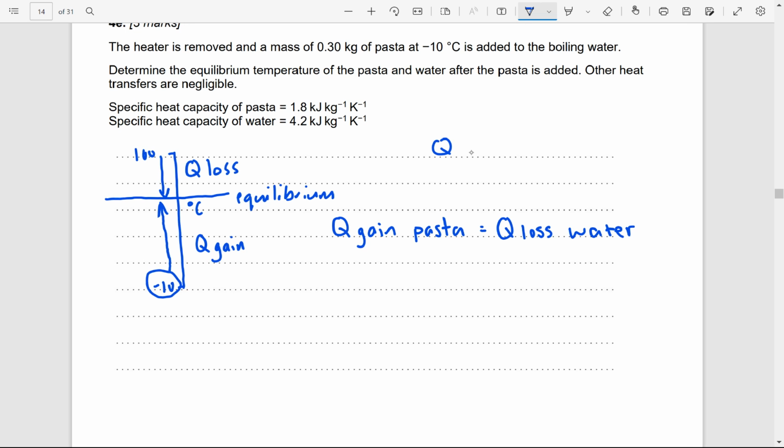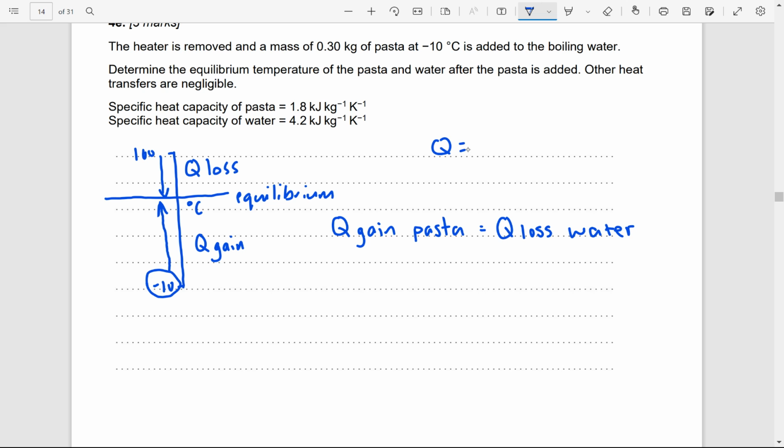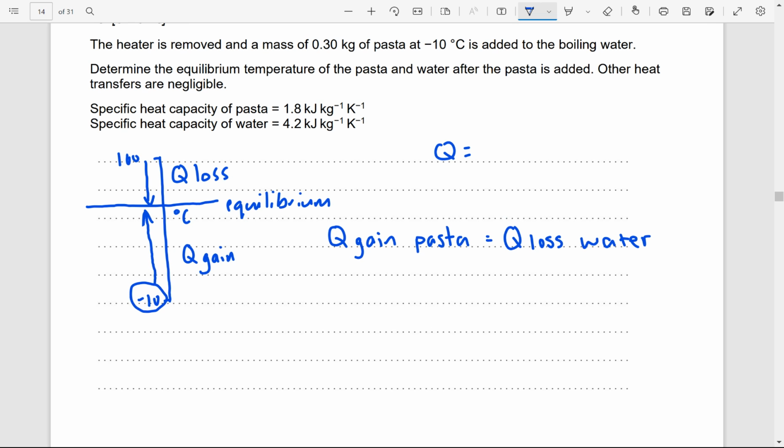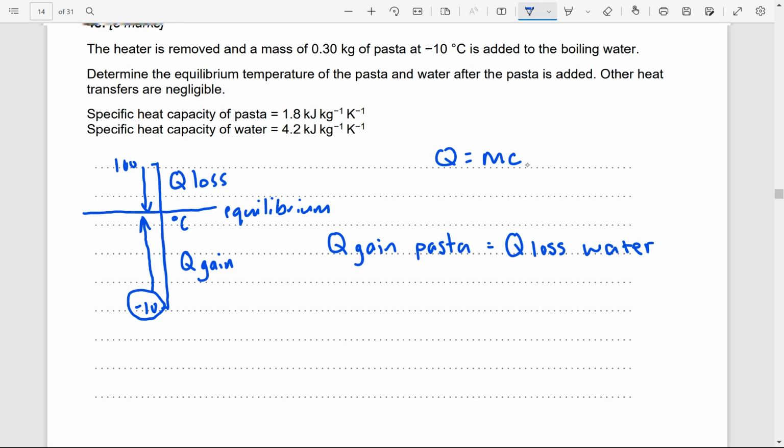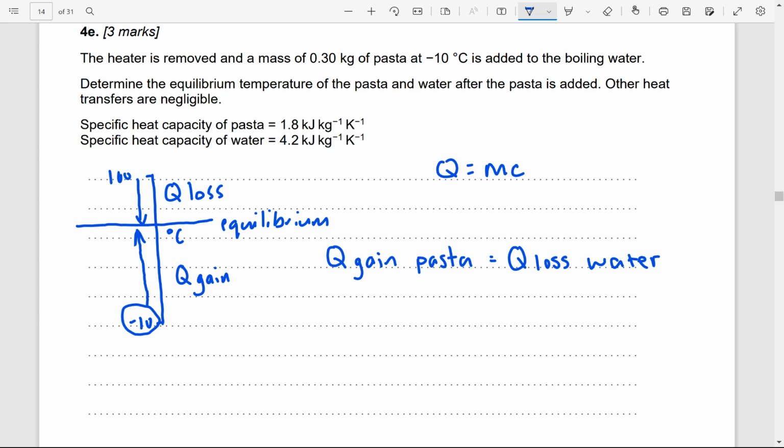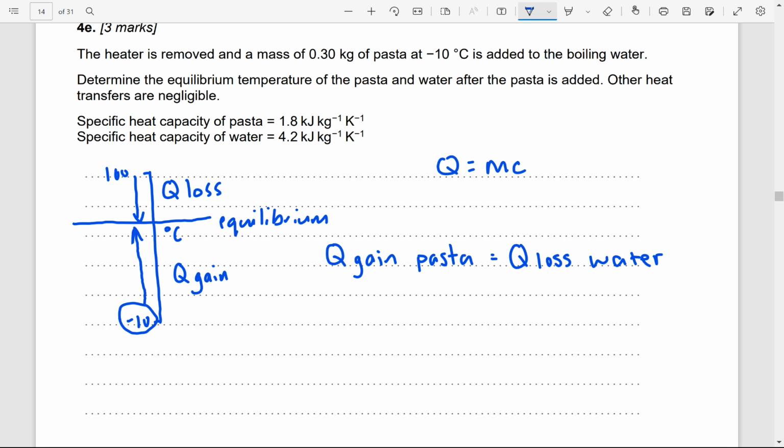Now we know that Q, heat energy, is mc change in temperature, and you can use either delta T or delta theta for that.